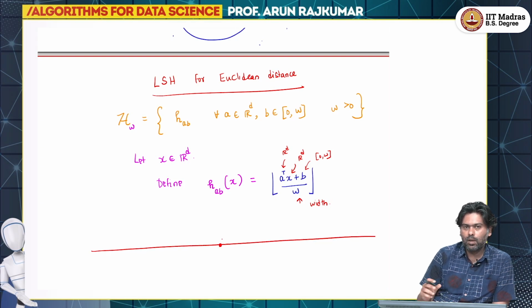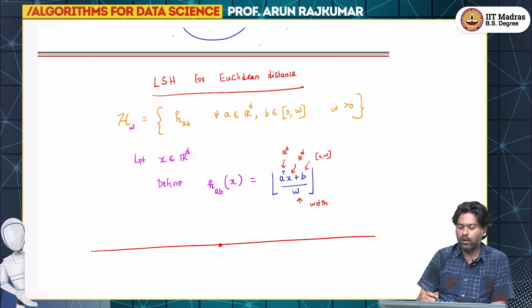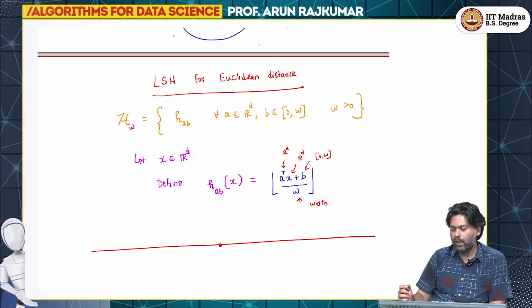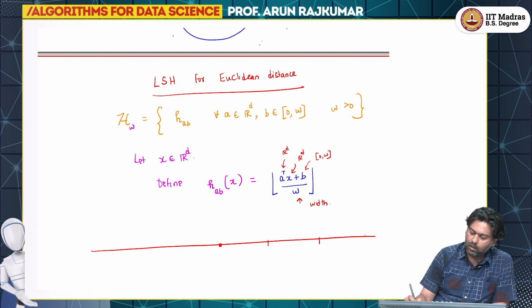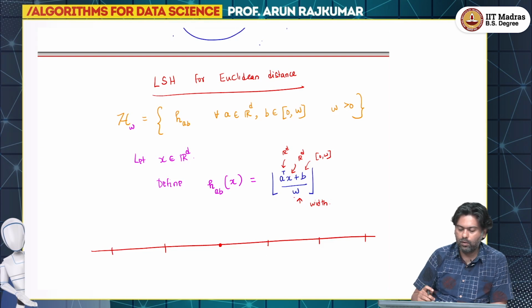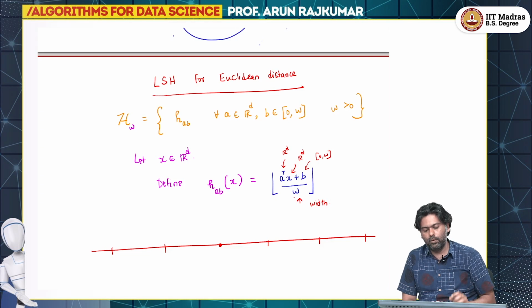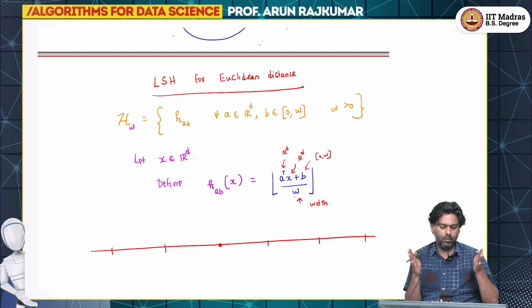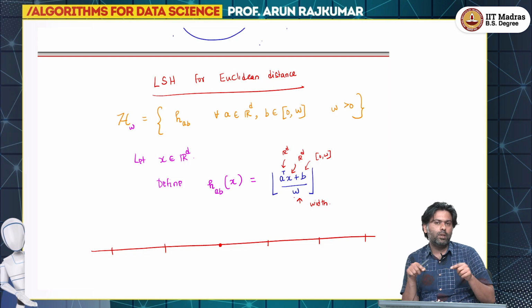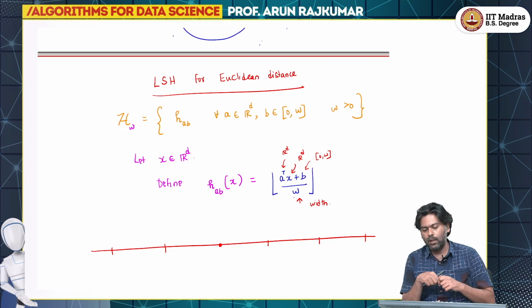You are mapping some d-dimensional vector onto the real line, and then in the real line we are cutting the real line using w. So w is my width parameter. You can roughly think of it as the boxes being defined using this w, which tells me the width of the interval where I want these points to fall. So that's one function in this bag.